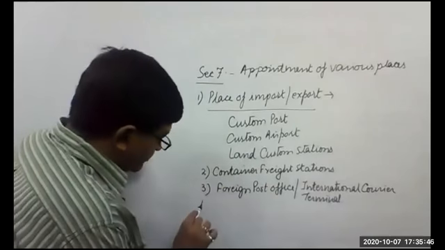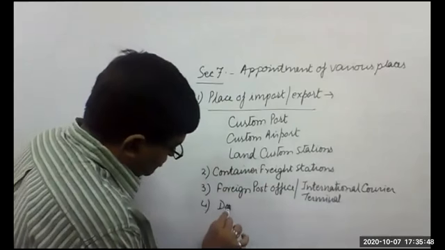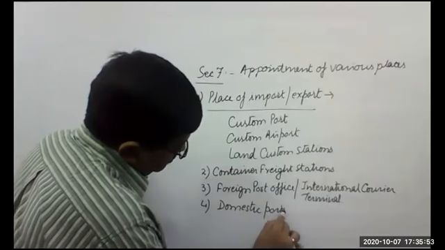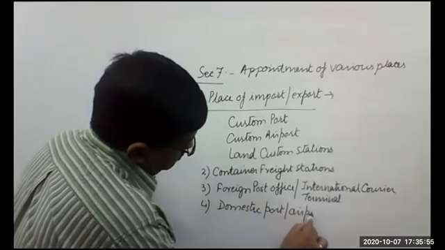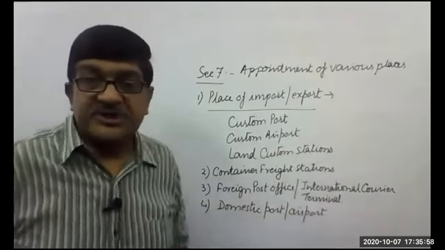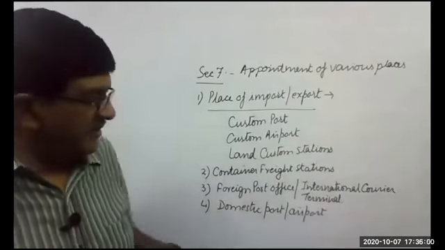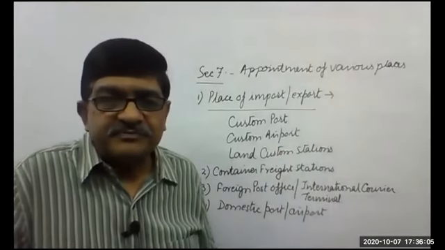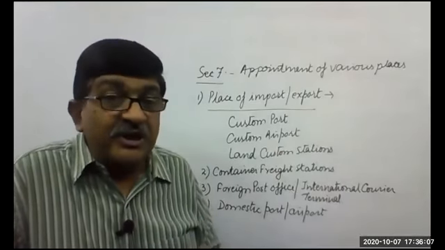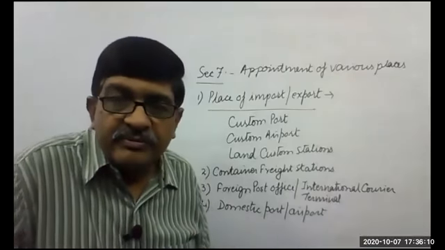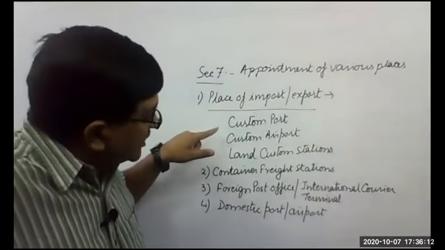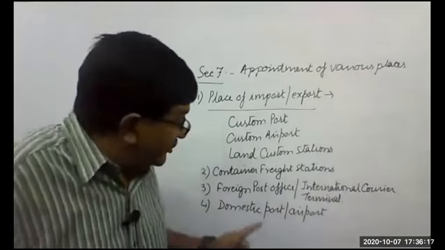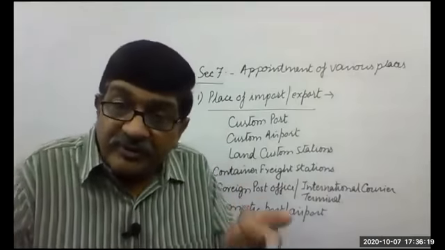Number 4, domestic port airport, only for domestic transportation. Now it is the responsibility of customs to ensure that this custom port and custom airport is not used for domestic transportation, and domestic port airports are not used for international shipping.